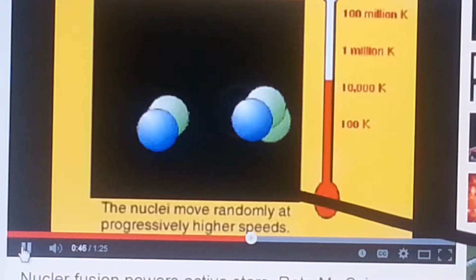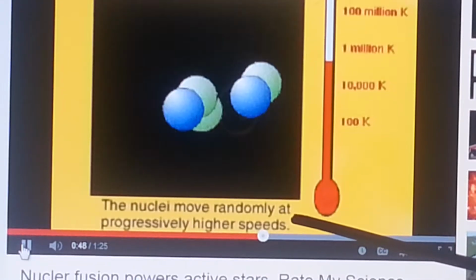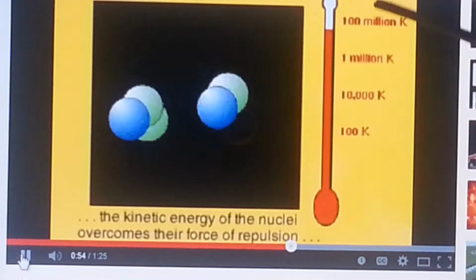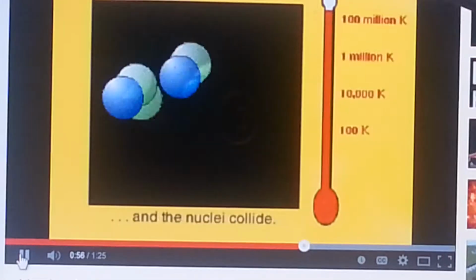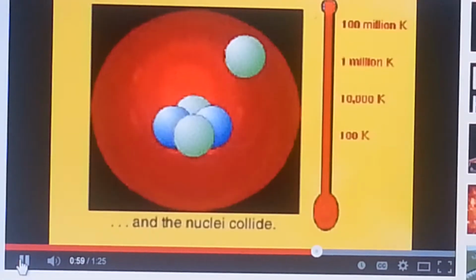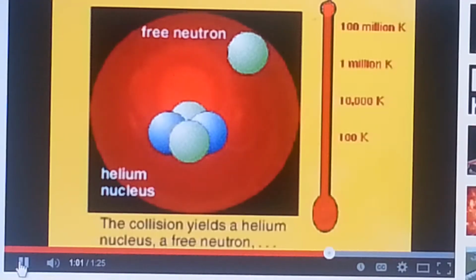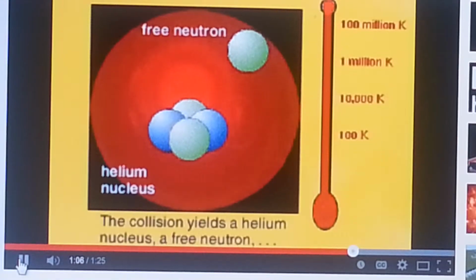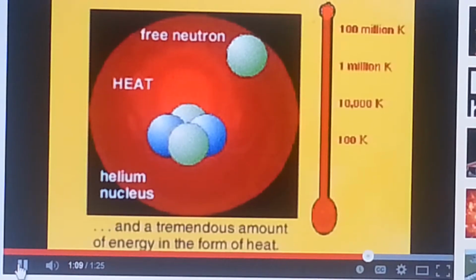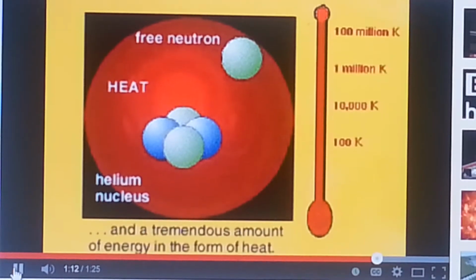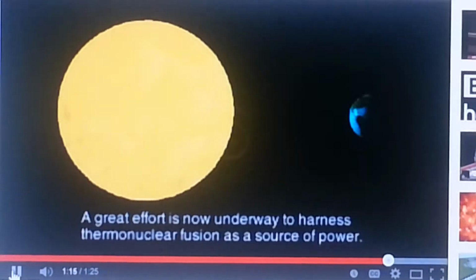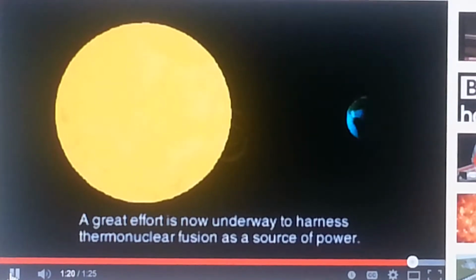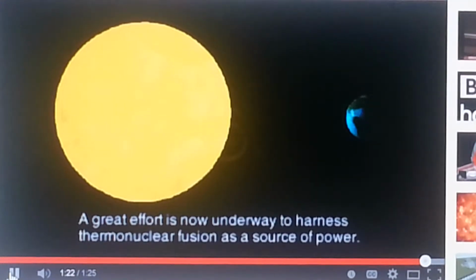With greater temperatures, each nucleus will move randomly at progressively higher speeds. When the temperature gets high enough, the kinetic energy of the nuclei overcomes the repelling forces and the two collide. The collision of tritium and deuterium yields a helium nucleus composed of 2 neutrons and 2 protons and a free neutron. But it also releases a tremendous amount of energy in the form of heat. The sun is a sustained fusion reaction. The challenge for physicists now is to develop sustained controlled fusion as a source of power.